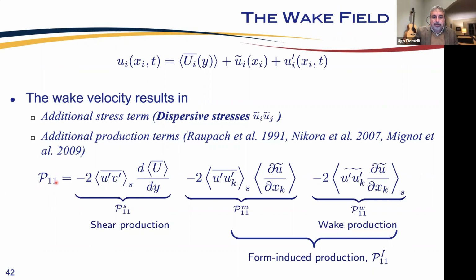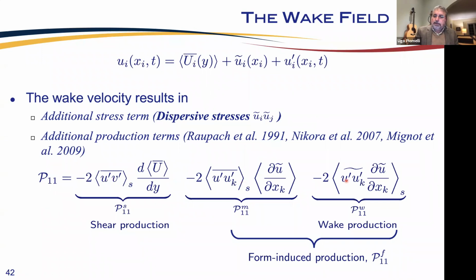If you look at the production of the 1,1 stress, you use U squared. The first term has the stochastic fluctuations that are averaged in time and space. The angle brackets represent space averaging. And this is the term that's present even in smooth flows.